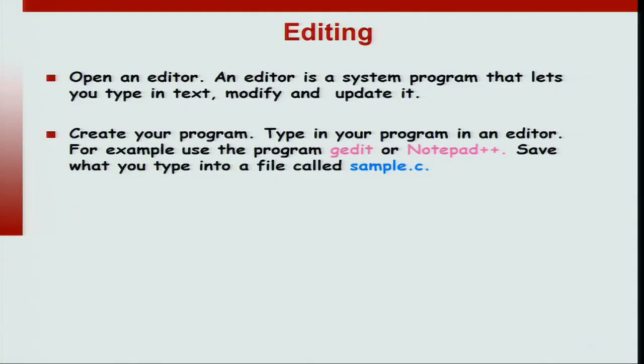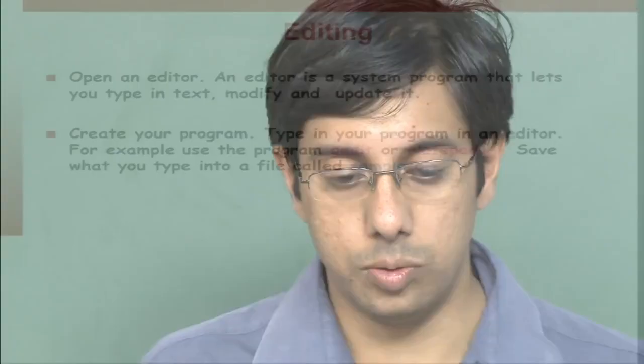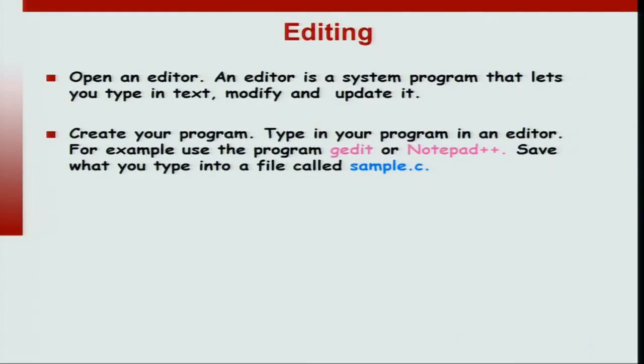Editing is typically done in what is known as an editor. An editor is a program that lets you create a text file, make changes to the text file, update it and later save it. So, in order to create a program, pick a particular editor of your choice.